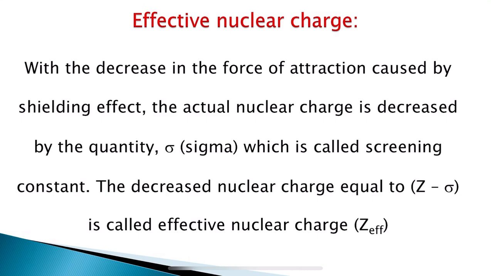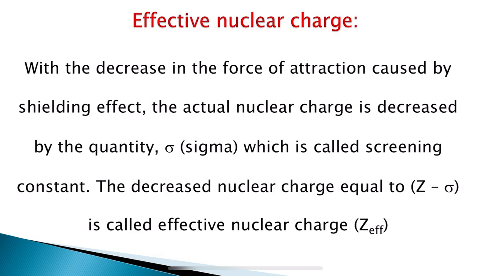And in this session, a very interesting topic is going to be discussed, which is called effective nuclear charge. The effective nuclear charge, often symbolized as Zeff or Z*, is the positive charge which is experienced by an electron in a polyelectronic atom.